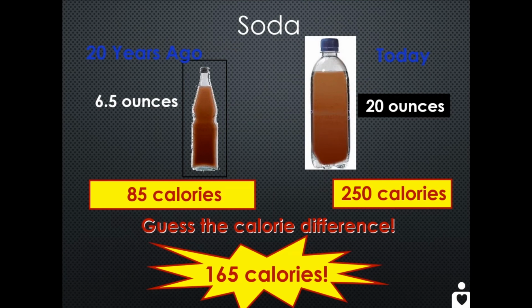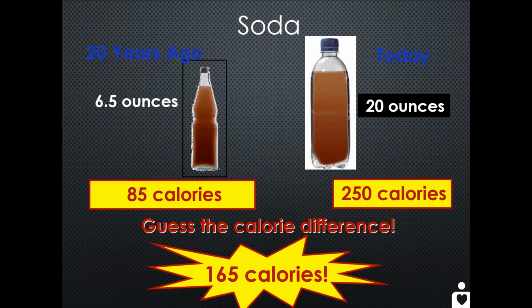Soda, one of the worst things ever invented, really bad for your body. I know it tastes good, but it's really bad for you. 20 years ago, it was a 6.5 ounce bottle, and today it's 20 ounces. Guess the calorie difference. 85 calories compared to 250 calories.